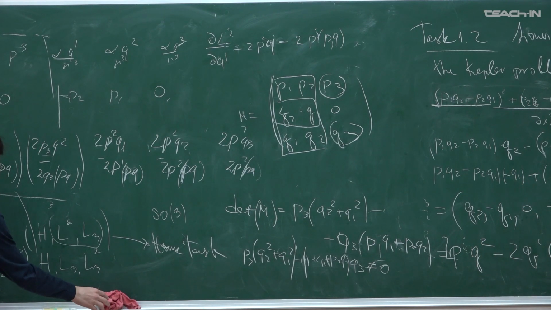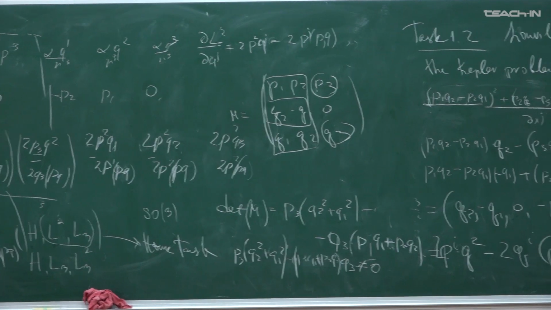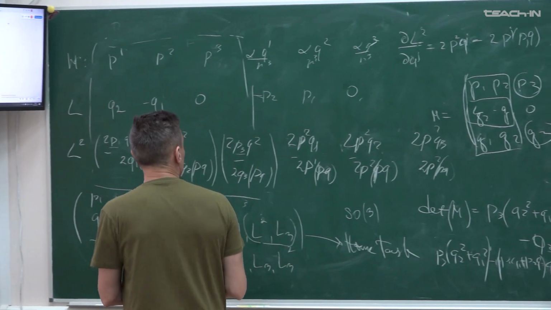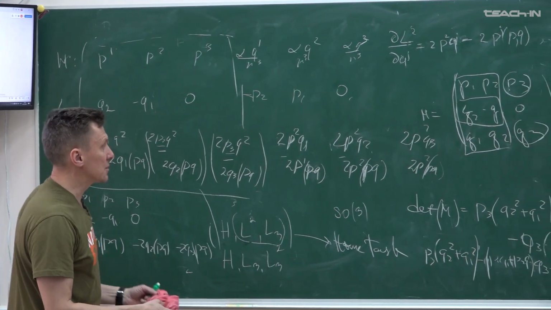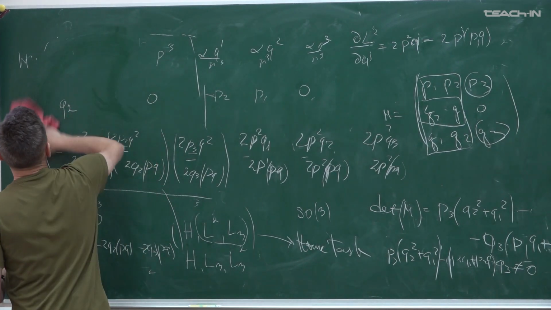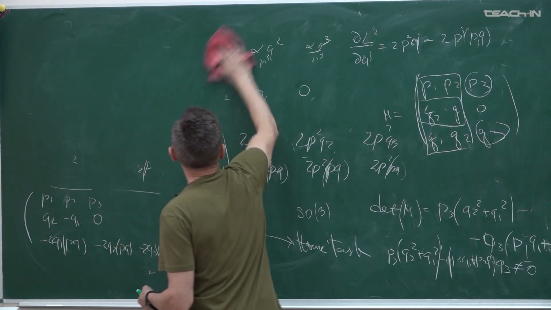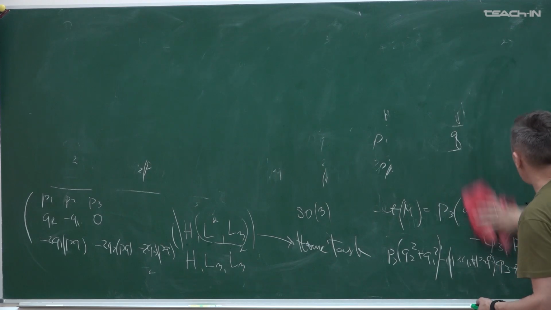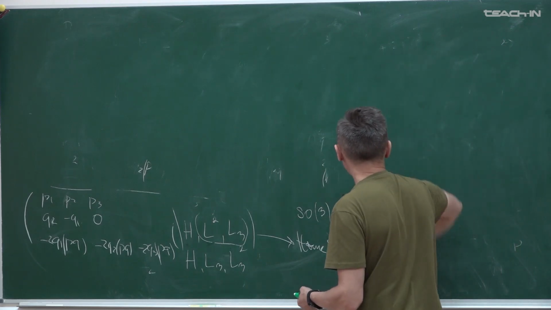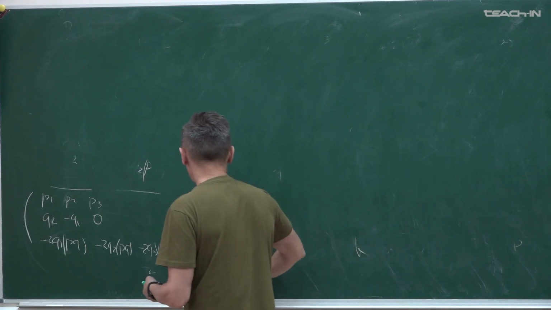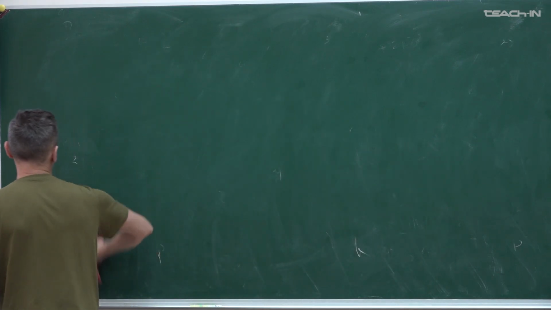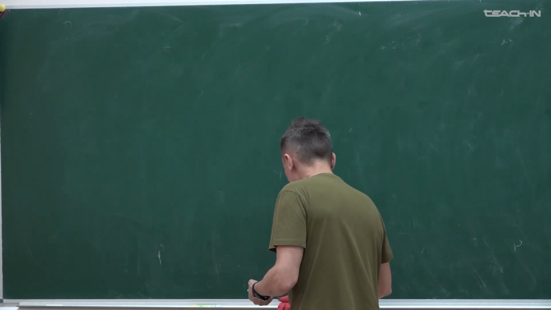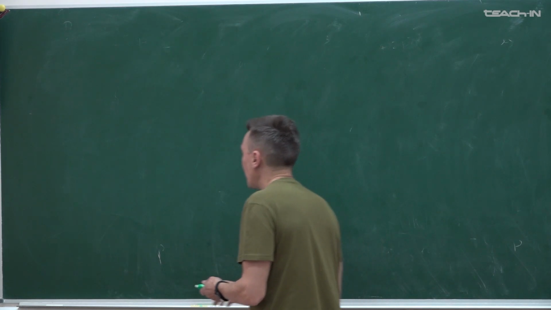What should we say about the Euler top? It is also integrable, but in a little bit more complex way. Do you remember its definition in terms of Poisson structure, angular momentum?